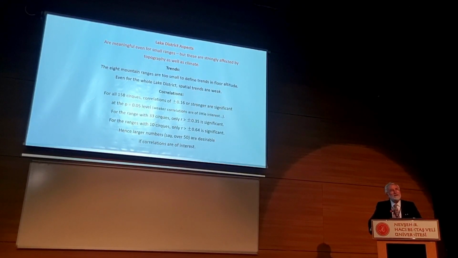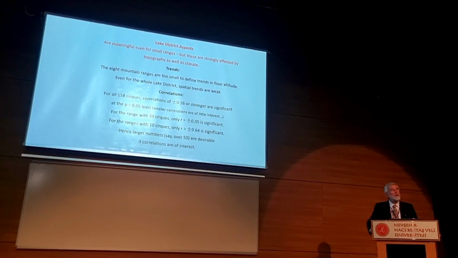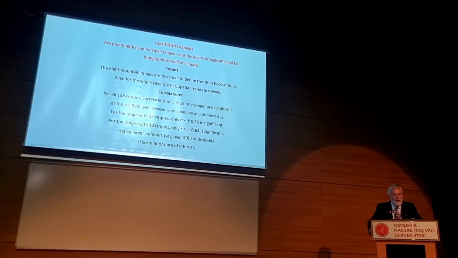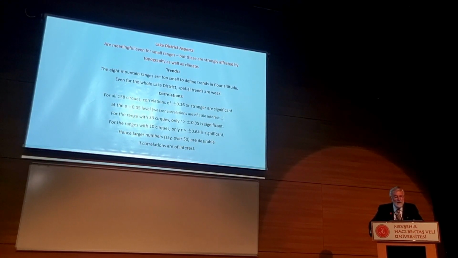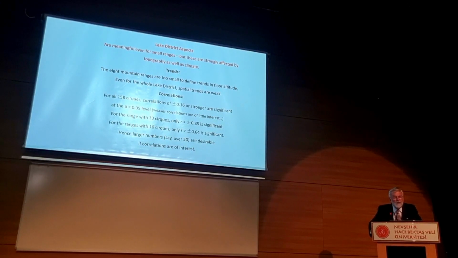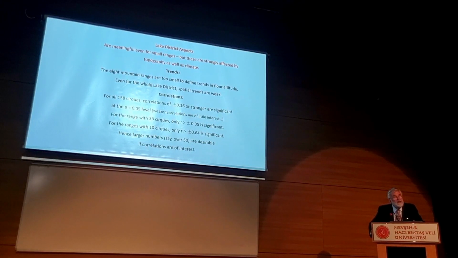If you look at the correlations between the morphometric parameters like the gradient and the shape and the altitude and so on, for all 158 cirques in the original data set here, correlations of stronger than 0.16 are significant at the 0.05 level. And of course, any correlations weaker than that are not going to be of real interest.